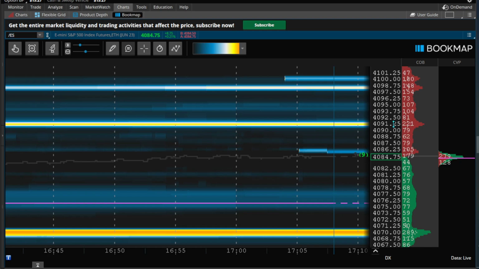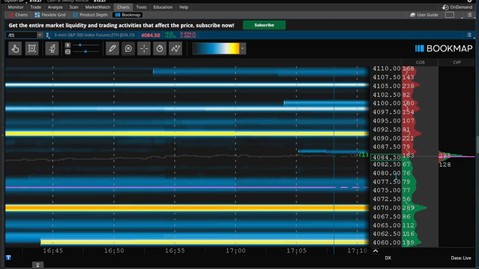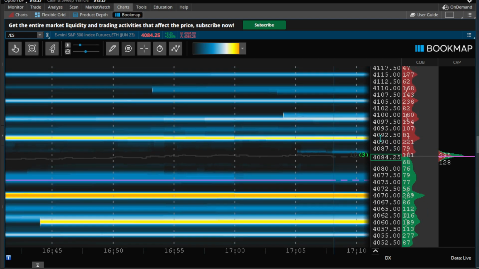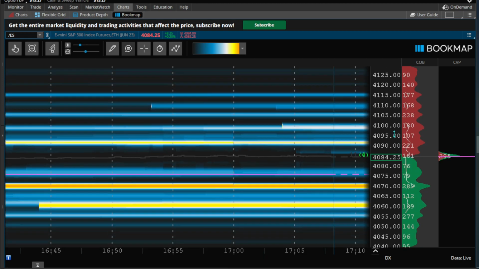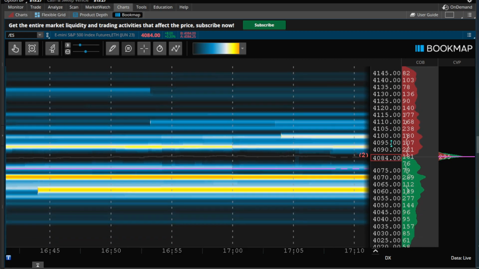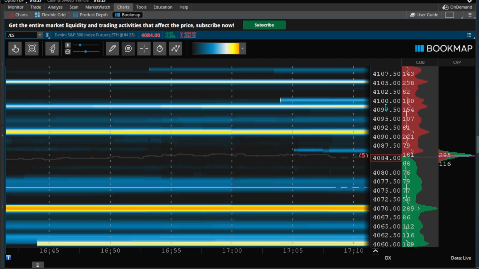You can also consolidate this view. You can zoom out a little bit and see more price action, but you'll notice the numbers, right now we're going by 250, go by 5 if I consolidate even more. If you want a more detailed view, you just zoom in a little bit, and this gives you a very detailed view.